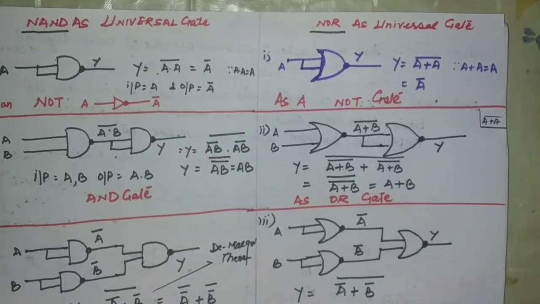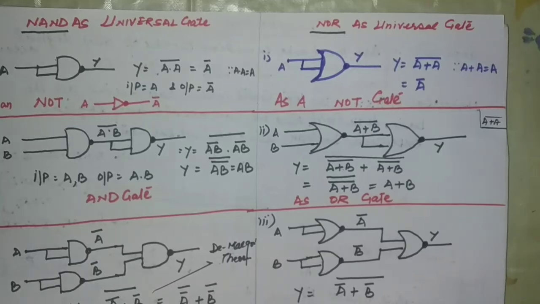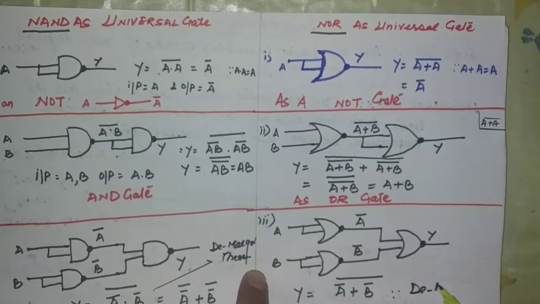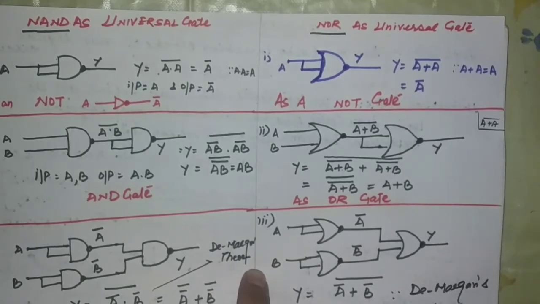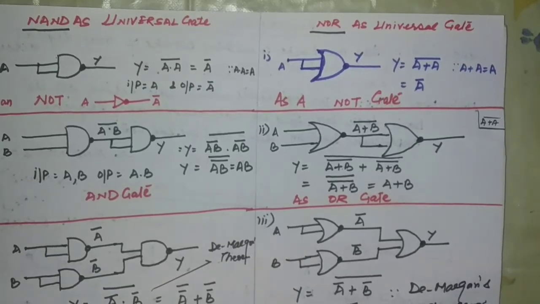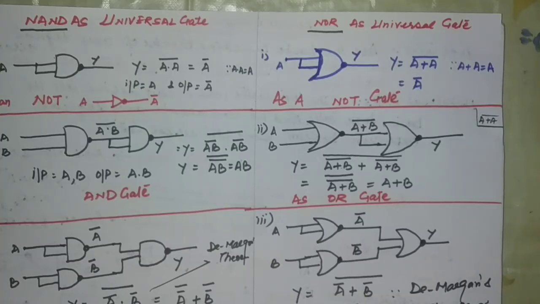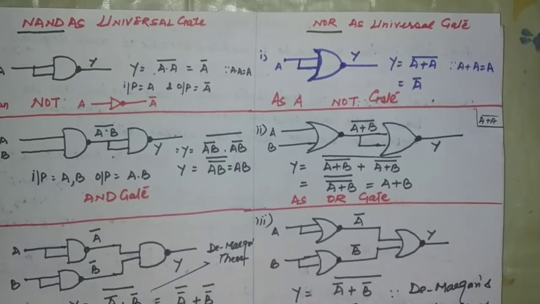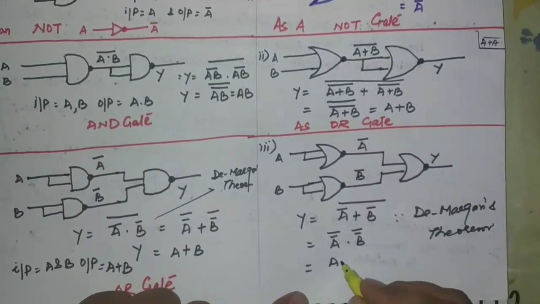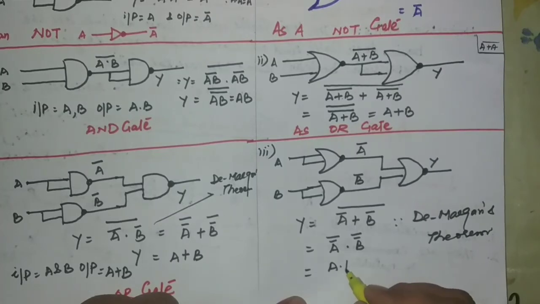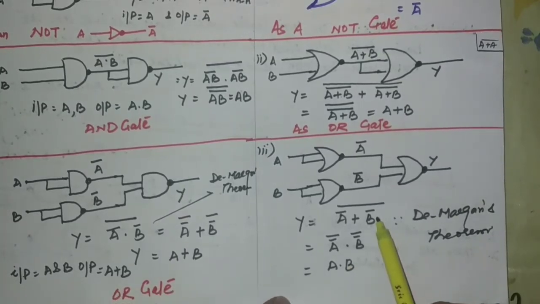This comes out to be A bar bar dot B bar bar, again according to De Morgan's theorem. But here the De Morgan's theorem is that the complement of the sum is equal to the product of their complements. So this comes out to be A dot B.